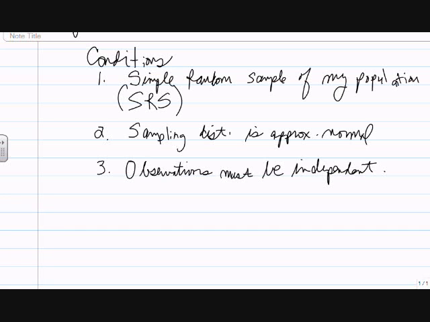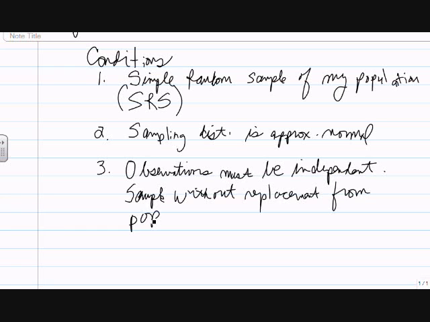I probably won't ask them again. So I sample without replacement from a large population, and that way I still get independence. So a check for independence would be to sample without replacement from a population that's at least 10 times bigger than the sample size.